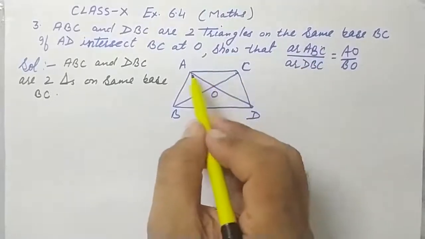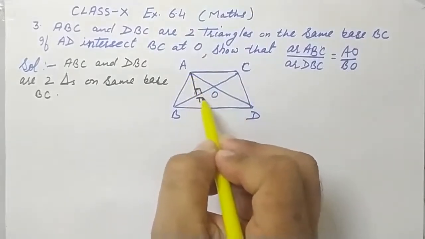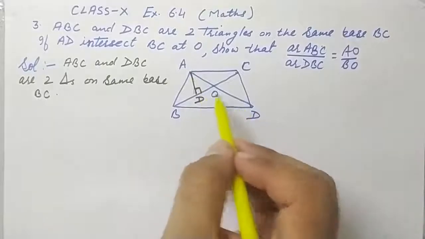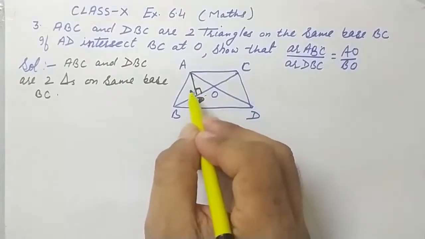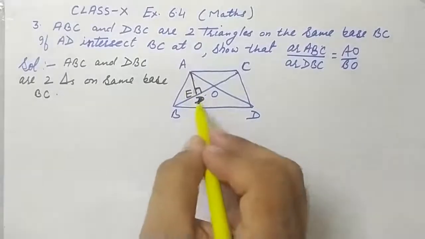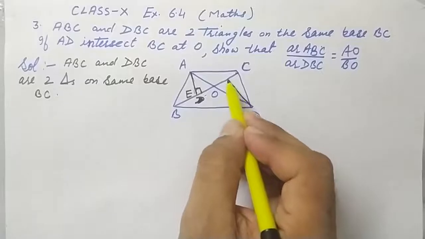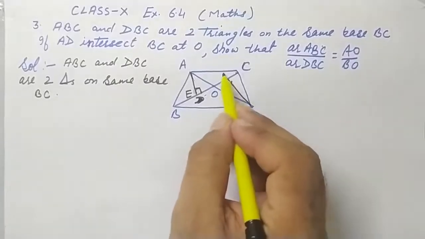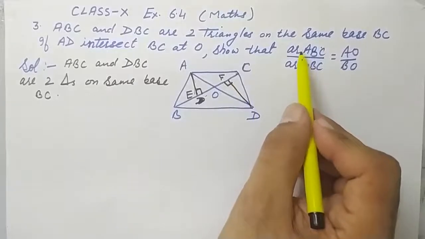In construction, from A we will drop a perpendicular on BC, and we name it AE. And from D also we'll draw one perpendicular, DF, because we need to find out the areas of these two triangles.